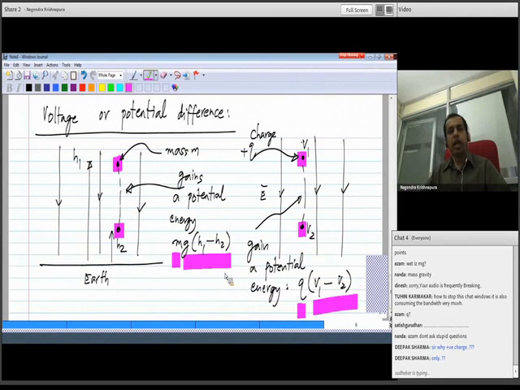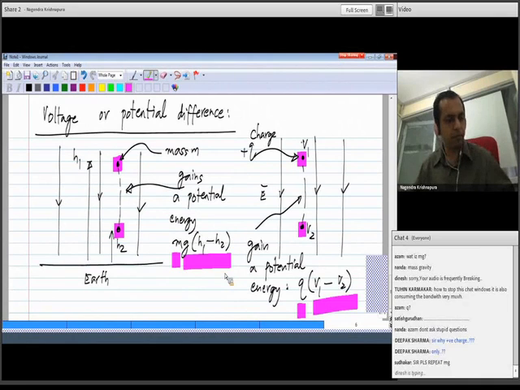circuits as well. Okay. Now, as usual, we are not looking at arbitrary fields that are distributed in space and charges falling in this. We are only looking at electrons moving in wires or charges moving in wires, and the fields will be inside the wires. Okay. So the electrical potential difference is very much like the gravitational potential difference.